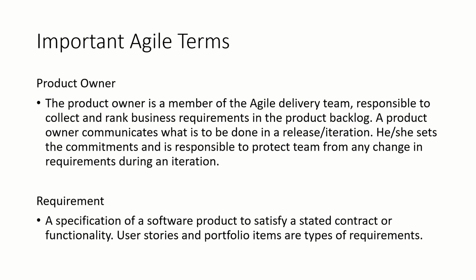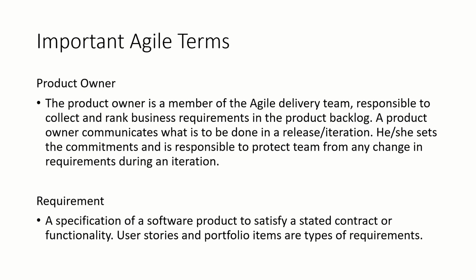Coming to requirement, what is a requirement? It is a set of functionality that a particular sprint has to deliver or work upon. A requirement is a specification of a software product to satisfy a stated contract or functionality.